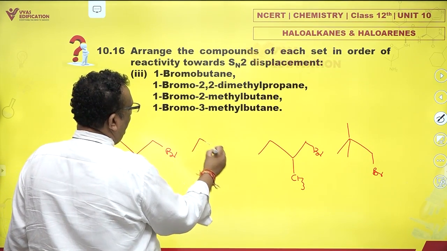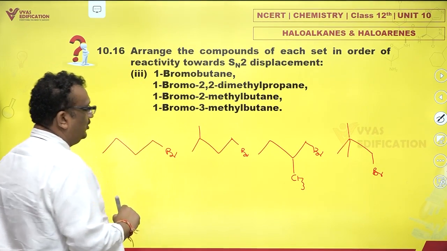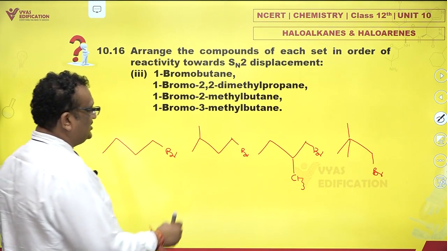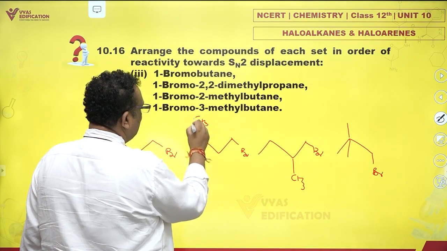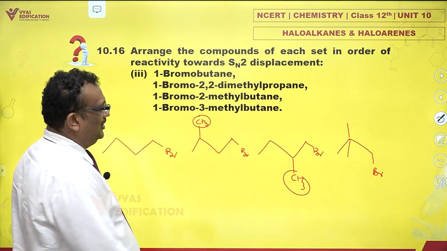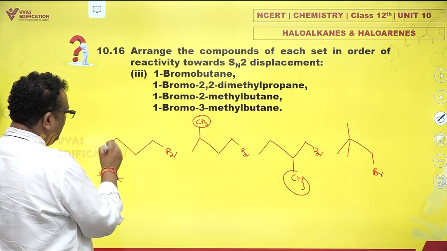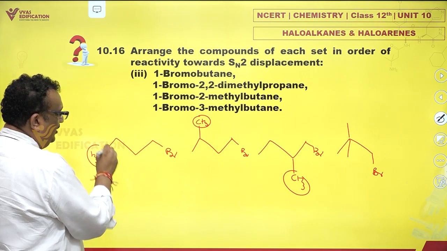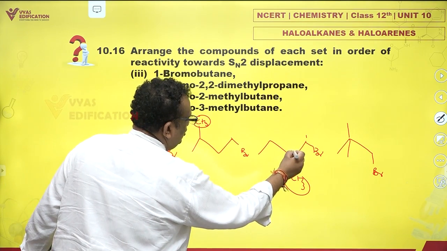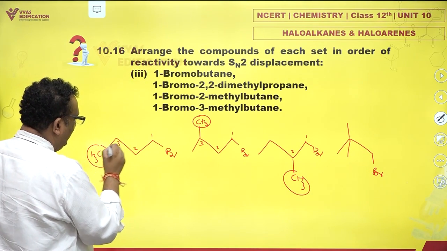And then I have 1-bromo and 3-methyl. So just imagine as if this methyl group is traveling on, you can imagine this very well, that's not difficult. This methyl group is here, it is pushed to the further place, and the same methyl group, now this is 1, 2, 3.